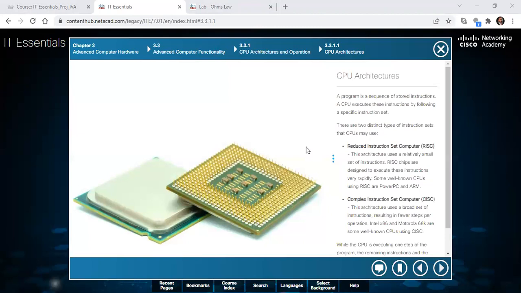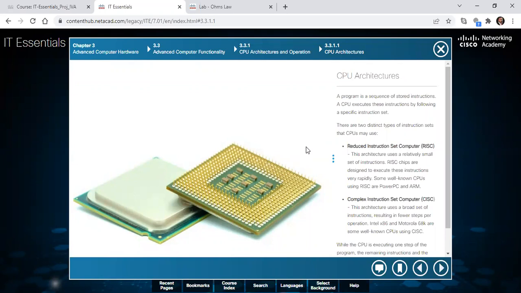So we're talking about the CPU architectures. A program is a sequence of stored instructions. Now, a CPU executes these instructions by following a specific instruction set.